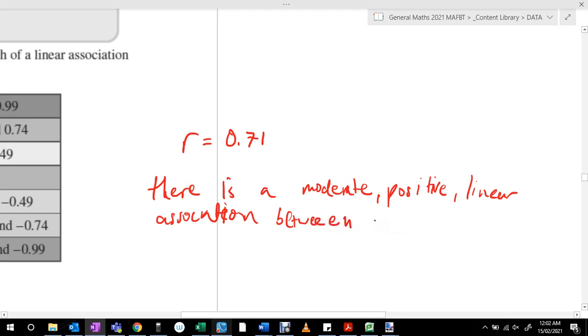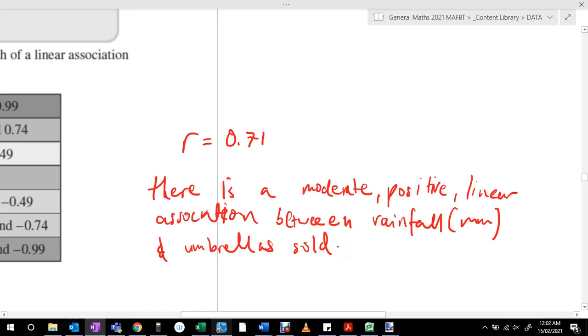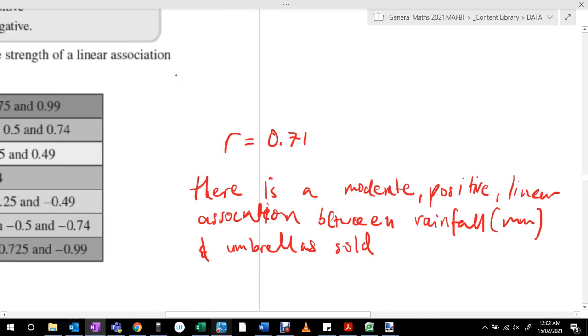So the EV was rainfall in millimeters, and the RV, sorry, umbrellas sold. Okay, that's how we interpret the R value.